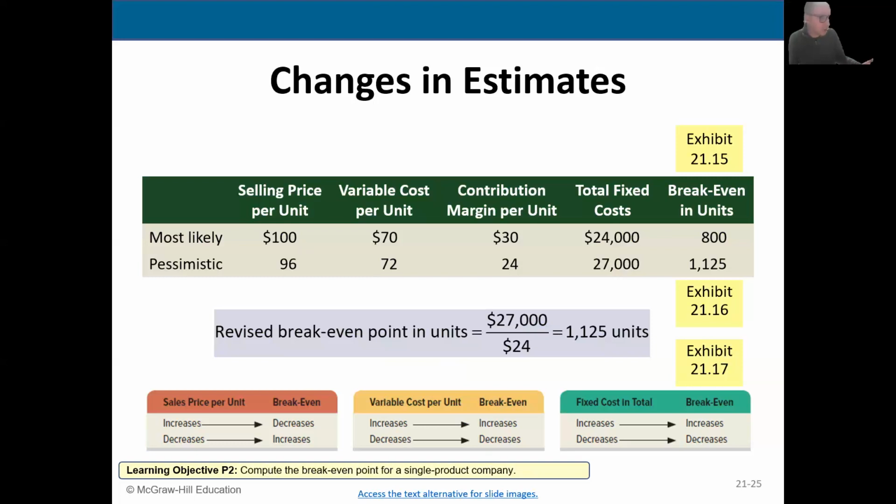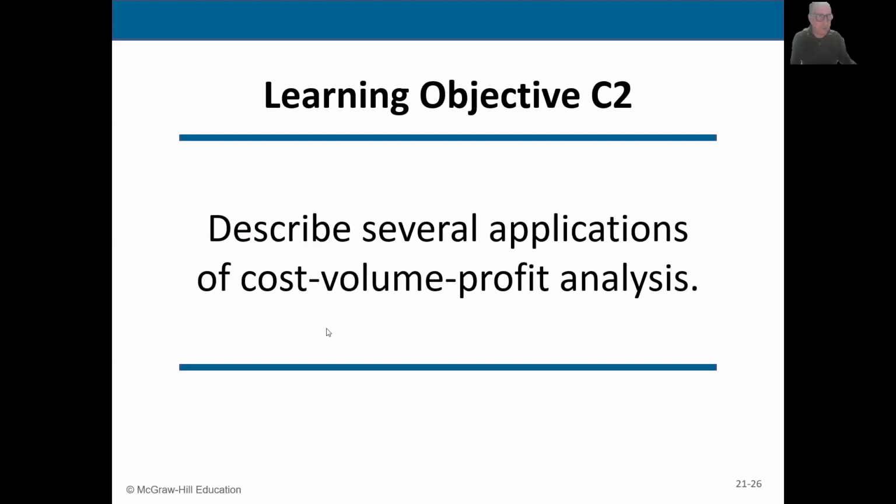So all you're doing is you're plugging in different values based off of those changes. That's why we call it cost, volume, profit analysis. The costs, the volumes, and the profits change. You see? So that's that part. That's changes in estimates.